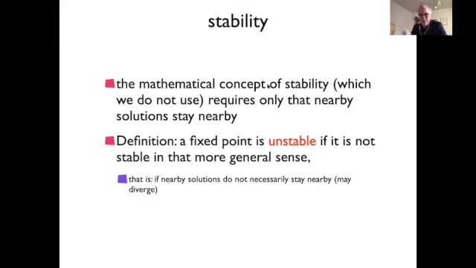And we already encountered the unstable solutions as these fixed points with a positive slope, which I'll come back to in a moment. So that's the only reason why you need to understand the difference between asymptotic stability and stability. We will usually not really need this concept except as its inverse, that unstable means it's not staying close. So if a fixed point is unstable, it doesn't just mean that it's not asymptotically stable. It means more than that. It means it is really not even staying close. Okay.